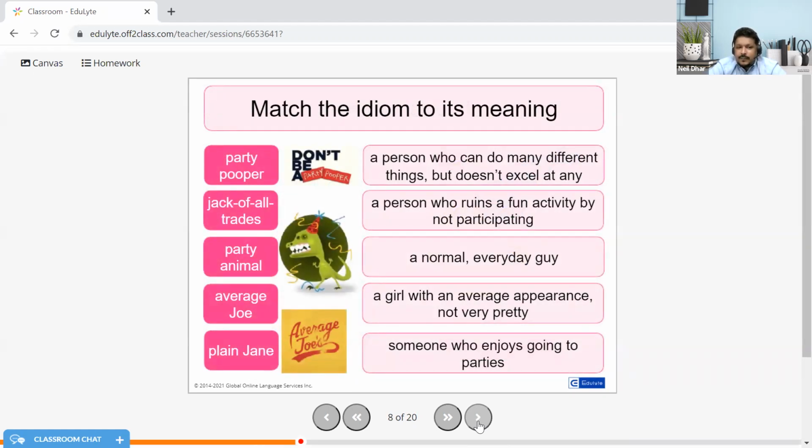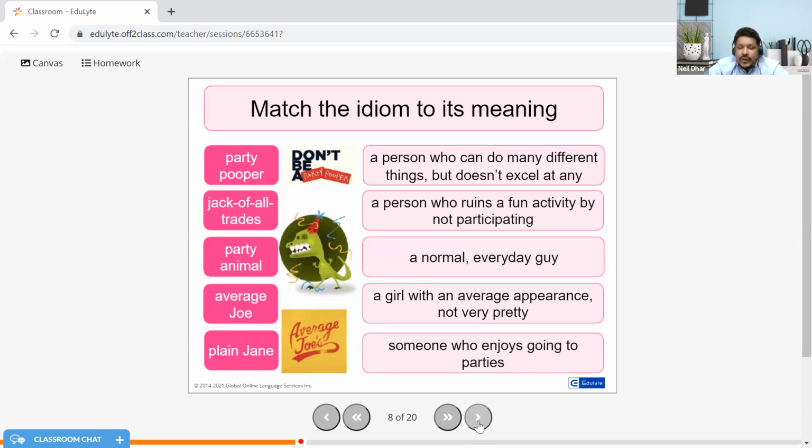Moving on to set number 3. Again, we'll match the words on the left with the ones on the right. Number 1, party pooper, jack of all trades, party animal, average Joe, plain Jane. Let's look at the options on the right.